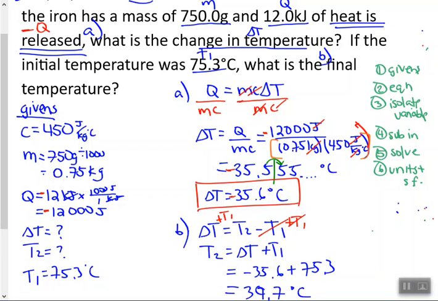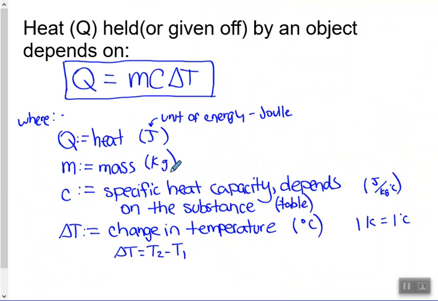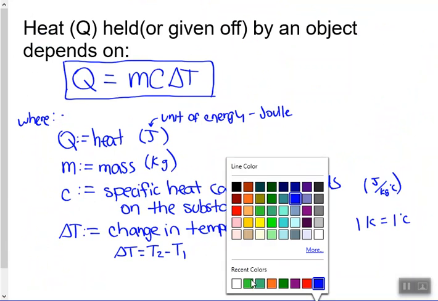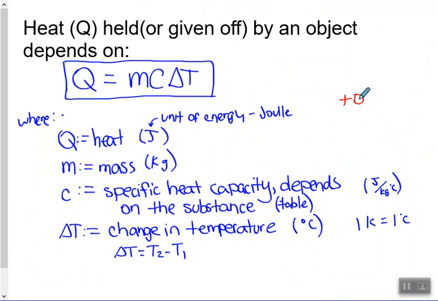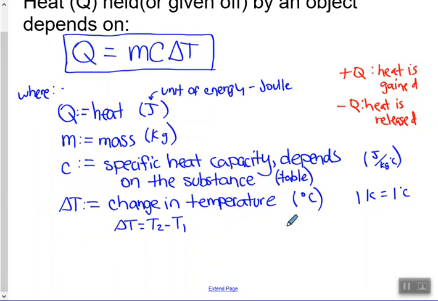So let's just leave a note for ourselves on our page here. If I have positive Q, heat is gained. And if I have a negative Q, heat is released. Same thing with our change in temperature.